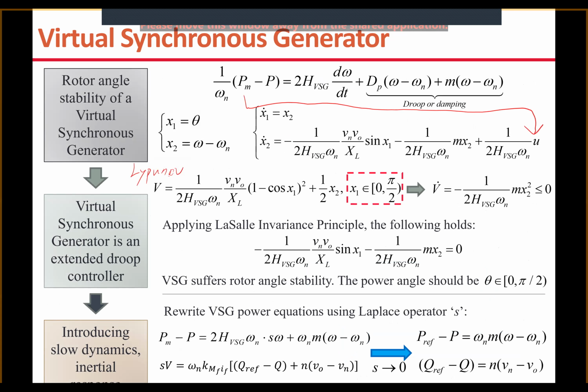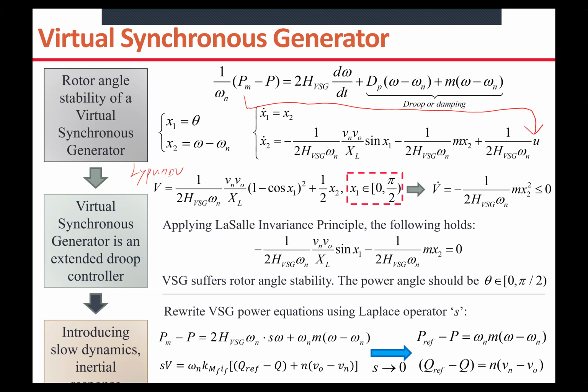Like here, D is a damping for the rotor, and M is the droop coefficient, because in a VSG we can artificially have these two terms and control them separately. But in the synchronous generator, it would be different. In the synchronous generator, we only have the damping term, right?